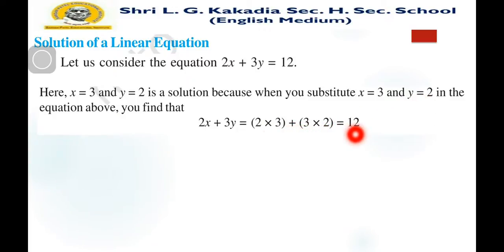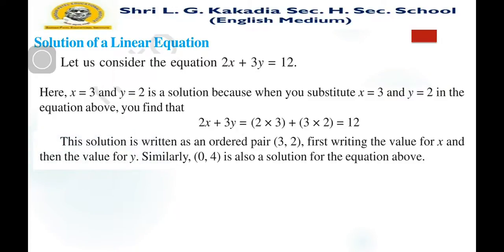Then it is equal to 12. So the RHS and LHS are equal. Then we can say that x and y equal to 3 and 2 is a solution of the given linear equation. In this way we can find other solutions.